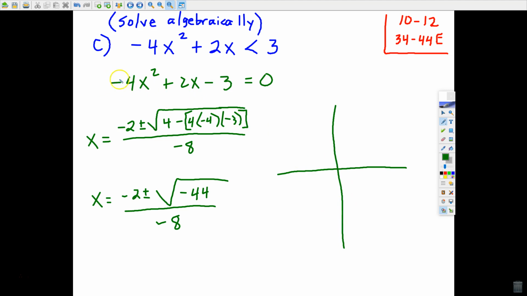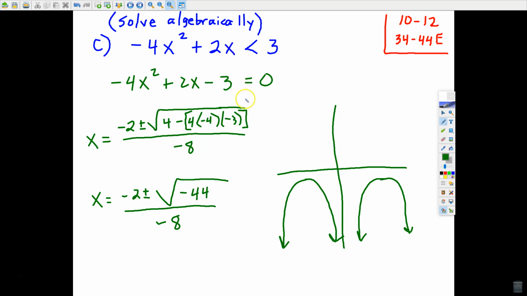Well, we know it opens down, all right? And it's never going to cross the x-axis because the discriminant is negative. We have no x-intercepts. Well, the only way to have a parabola that opens down that never crosses the x-axis is to have it like this or like this. You get the picture. And it's really not even necessary to come up with the axis of symmetry. You don't have to come up with the graph, but I'm just doing this as an illustration.